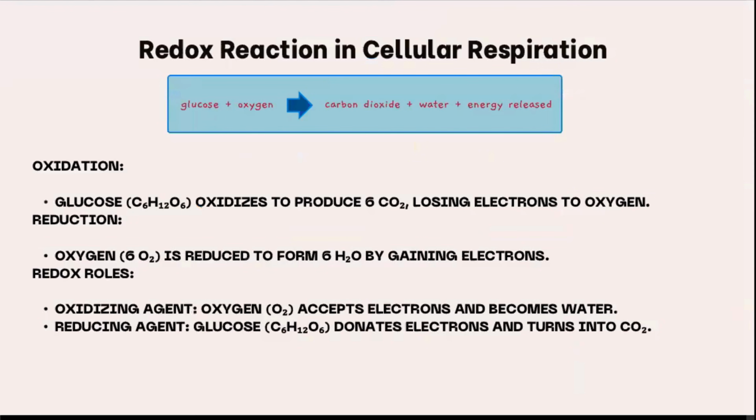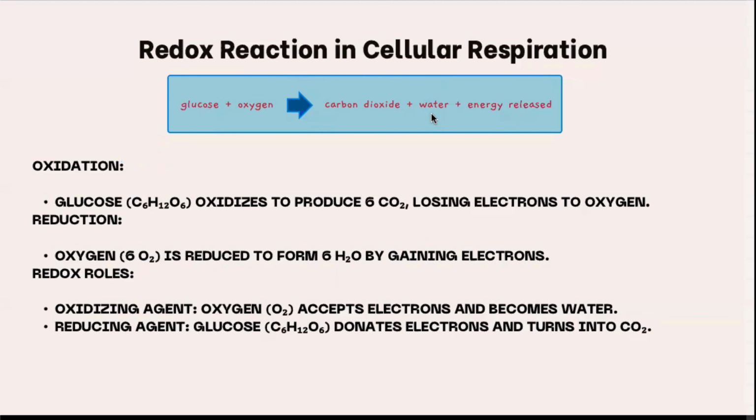Okay, so now we have our reaction, and we want to consider that cellular respiration is a redox reaction, which basically means that we're taking the glucose to produce carbon dioxide, losing electrons to oxygen. That's called oxidation. Reduction is the process where oxygen is reduced to form water, gaining electrons.